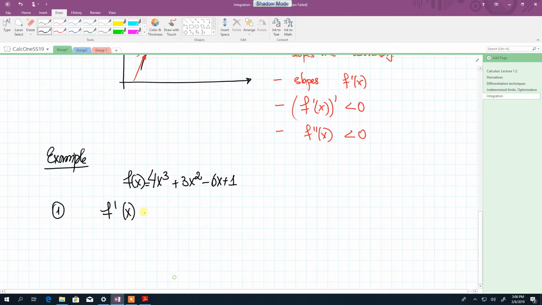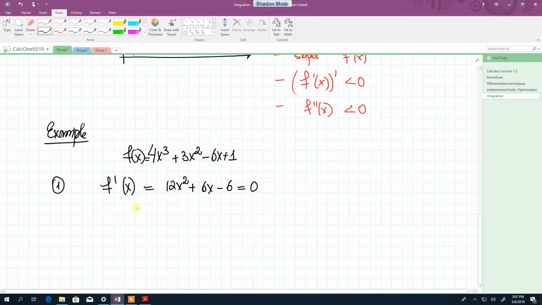So f prime of x is equal to 12x squared plus 6x minus 6. We need to set this equal to 0. So f prime of x is 2x squared plus x minus 1, equal to 0.